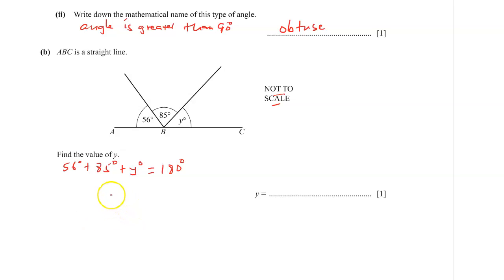So then, of course, y is equal to 180 degrees minus 141, and therefore you'll find y is equal to 39 degrees. 39 degrees.